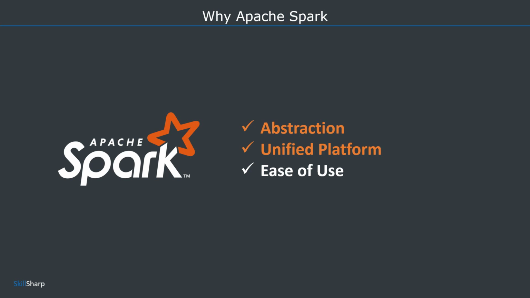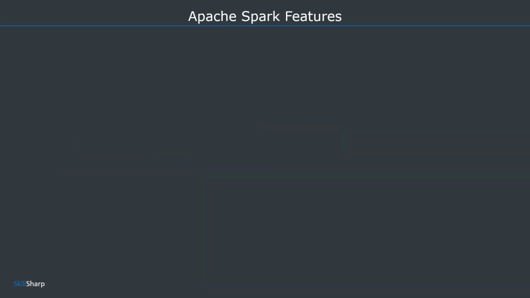As we saw in the Hadoop architecture, for different kinds of processing like machine learning, stream processing, or SQL-type warehousing, we need different tools like Hive, Storm, etc. But in Apache Spark, it is integrated with Spark. And the third thing is ease of use. Because it is available in multiple languages, we can use Apache Spark easily.